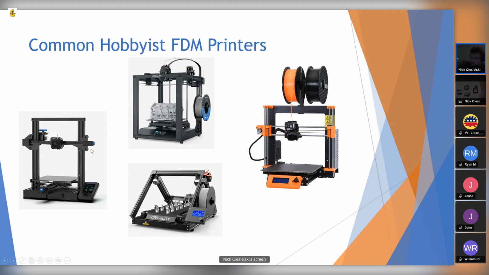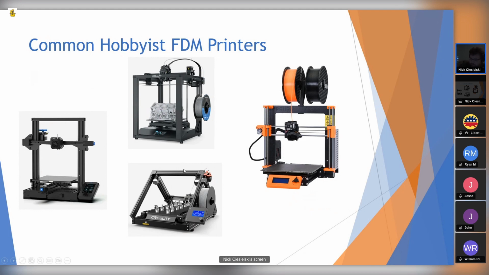We have up here, I can't remember if that's an Ender 5 or another Creality printer, but this top one is a larger, kind of bulkier printer, just an upgraded version. They'd be very similar, probably better controls up here.